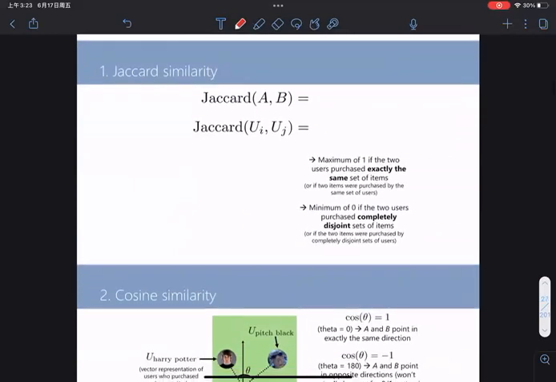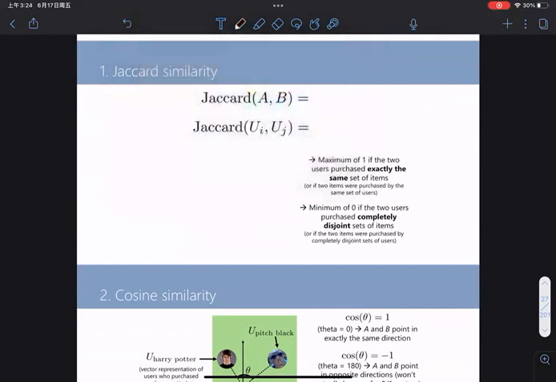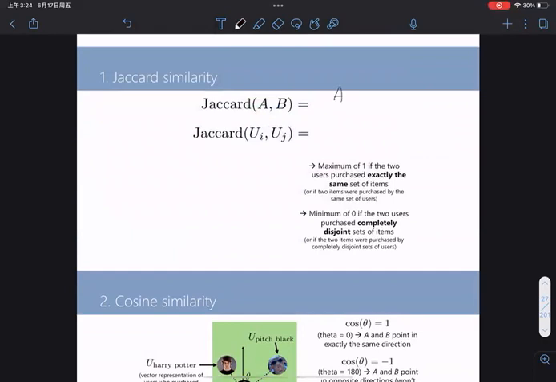So after we know all of the basic concepts and the equations, let's continue to introduce the similarity. The first one is the Jaccard similarity. The Jaccard similarity can be expressed by the set A intersection with the set B and the set A union with set B. And also we are not going to consider the content for the result.